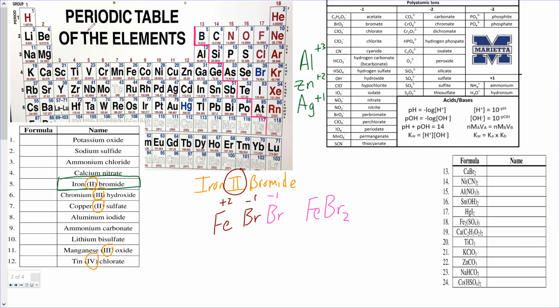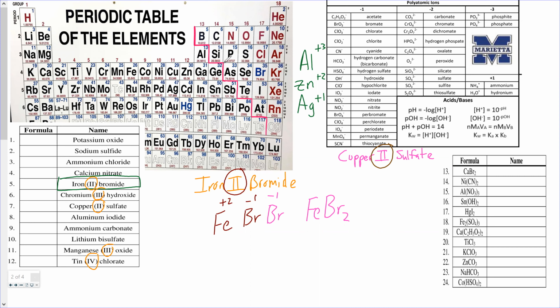All right, let's do another one. How about number 7, copper 2 sulfate. We need to find copper. We know its charge. What is copper's charge? +2.